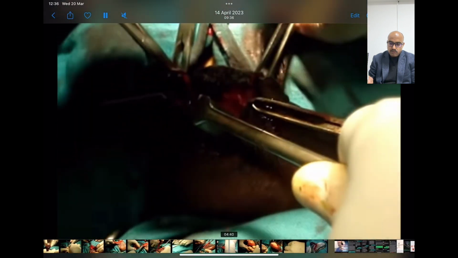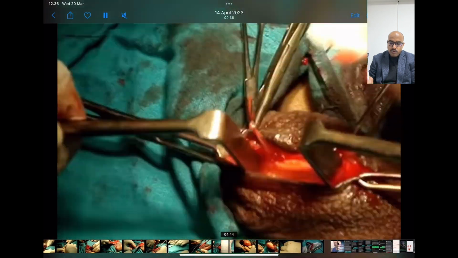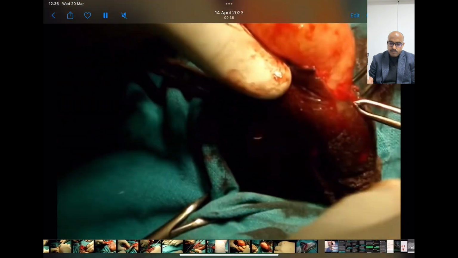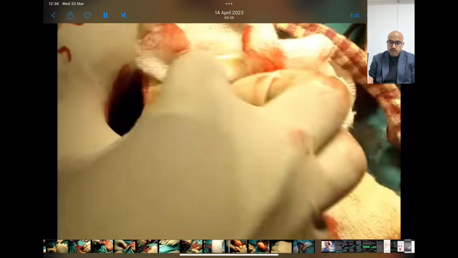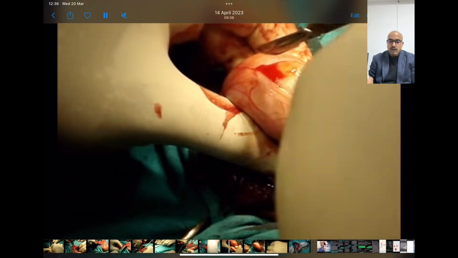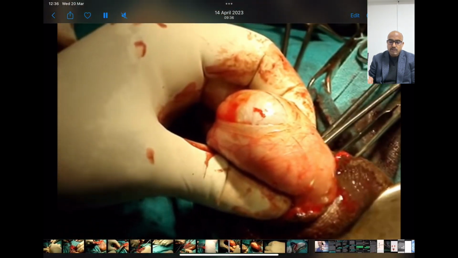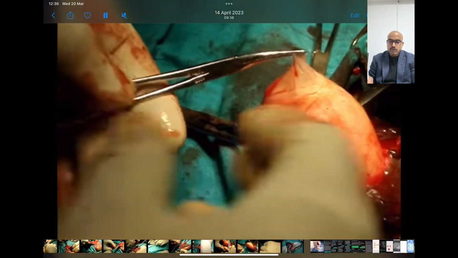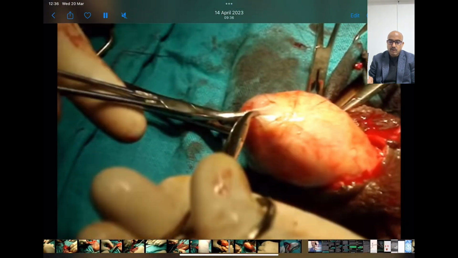So wait, the tunica is being opened. See the normal color. Now we have to open the tunica, and then we fix the testis to the scrotal sac, so that in future there will be no torsion.